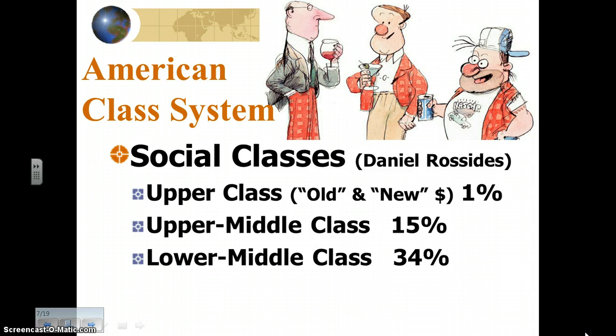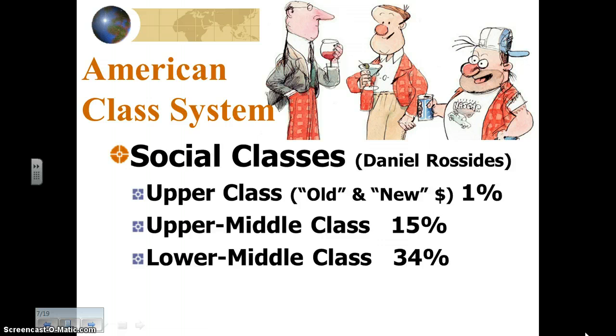Let's talk about the lower middle class. The lower middle class makes up a lot bigger percent of the population. We're talking about white-collar jobs, but with less money and less education, although a lot of these people do have some college education or sometimes college degrees.